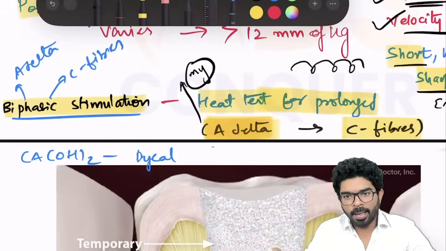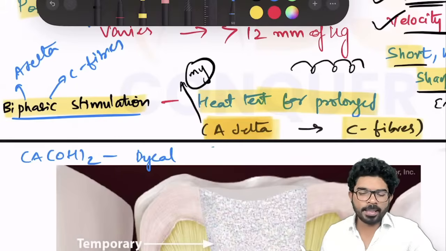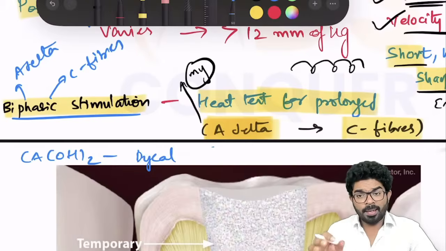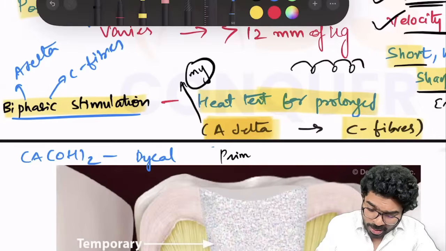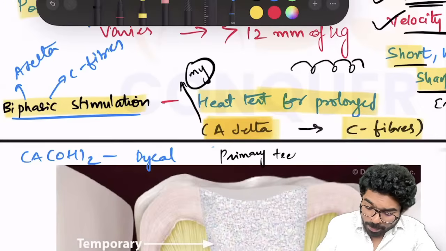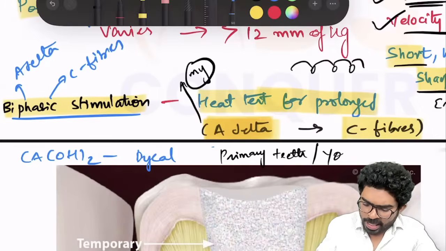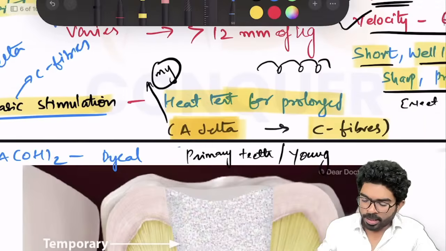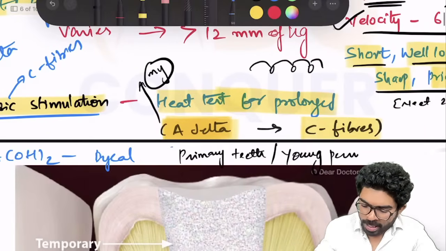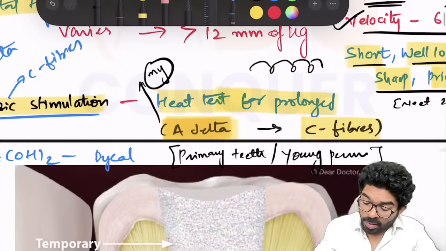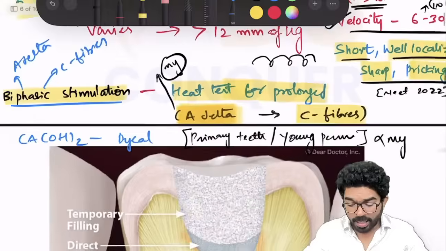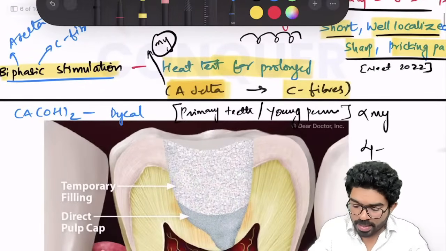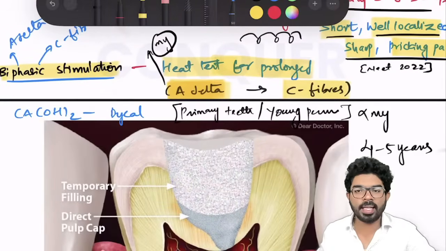So normally, fibers will be generated, and the exact term you see in the textbook is primary teeth and young permanent teeth. Primary teeth and young permanent teeth don't have this myelin sheath, because a tooth will take at least 4 to 5 years. This is the exact line which is given in the exam.